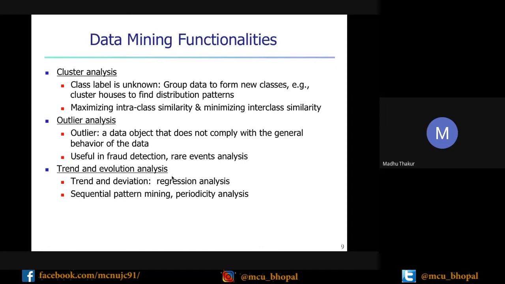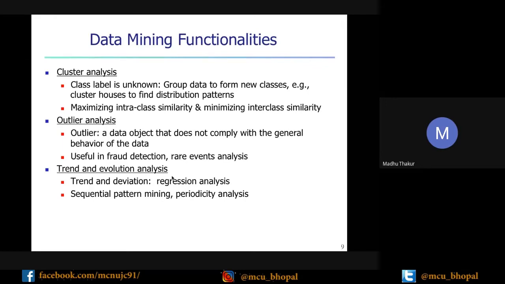Trend and evolution analysis. For trend analysis, we generally use regression analysis, sequential pattern mining, or periodicity analysis. Trend mining looks for something that is different from the trend. Suppose the trend is a sequential pattern: people first purchase a color television, on the next visit a stabilizer, on the third visit a Tata Sky connection, and later a recharge.